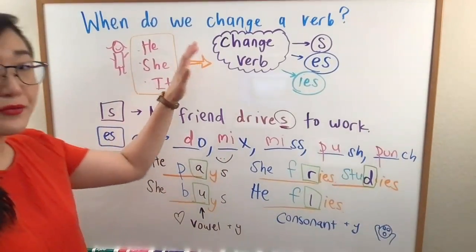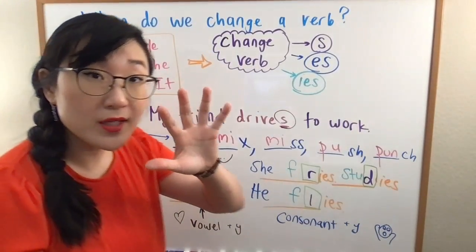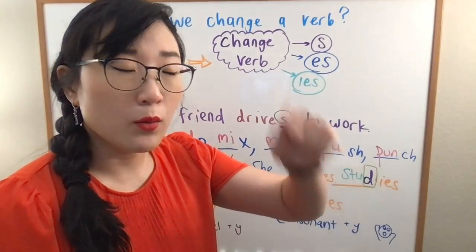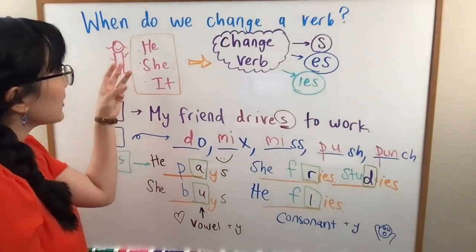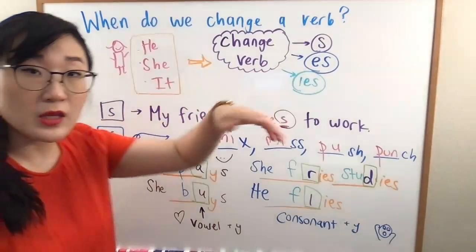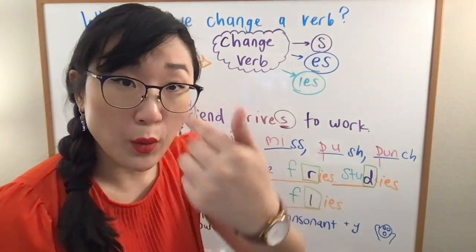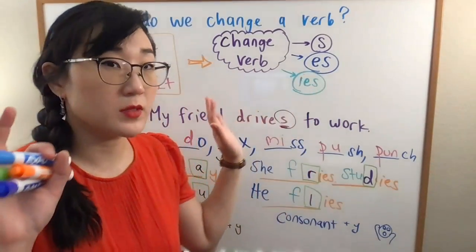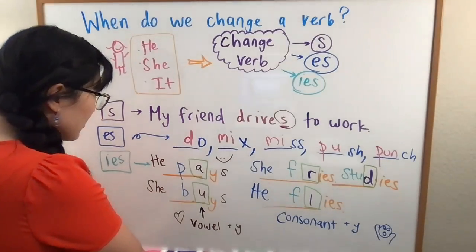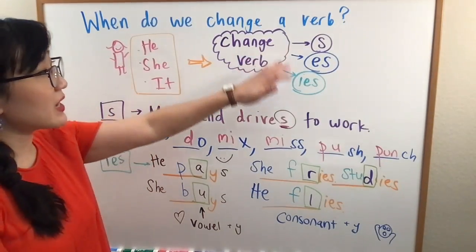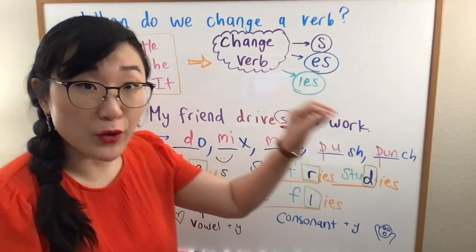And every time you only change the verb if you have he, she, and it. He, she, it, change the verb. If you have I, you, we, they, don't touch. It's the same. Okay? All right. So these are different examples of verbs.